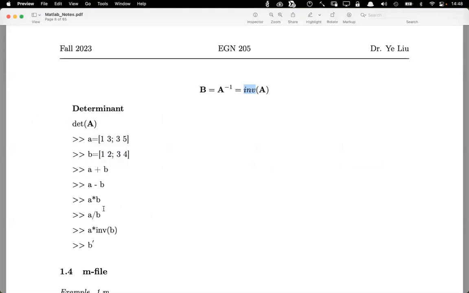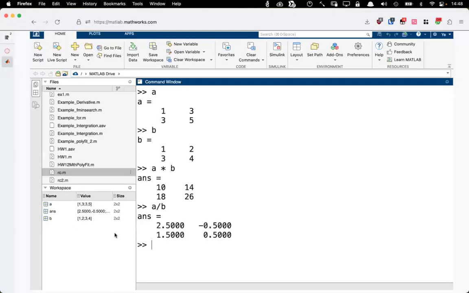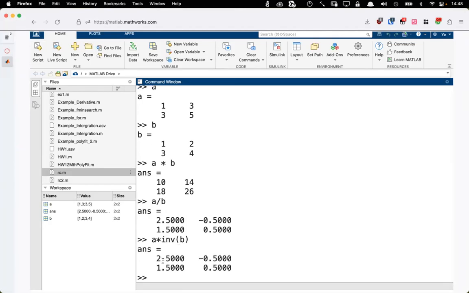This actually equals A times the inverse of B. So you can see A times inverse B, you will get the same result: 2.5, minus 0.5, 1.5, 0.5.